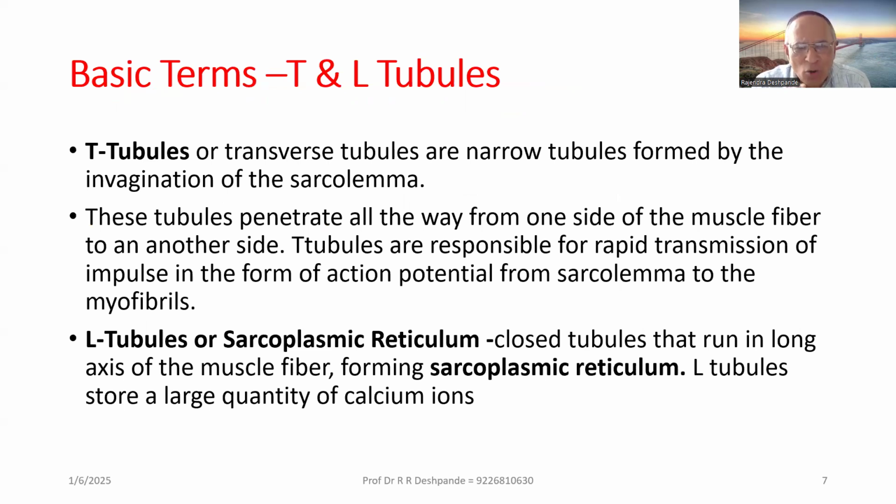These are the narrow tubules formed by the invagination of the sarcolemma. Don't worry, I am going to show you the pictures of these T tubules and L tubules. These tubules penetrate all the way from one side of the muscle fiber to the other side.